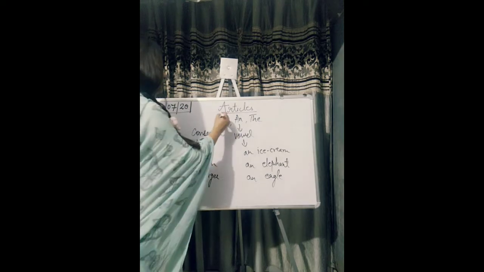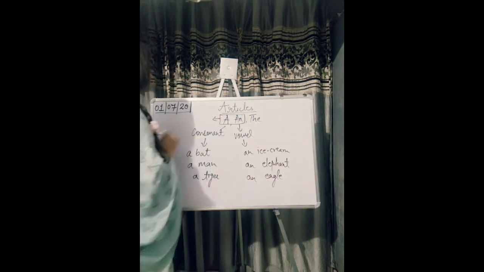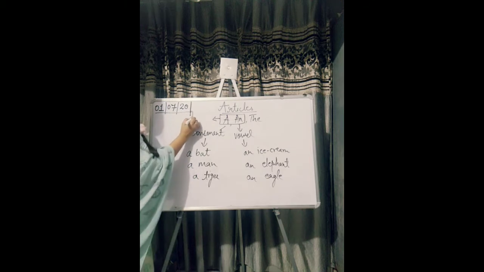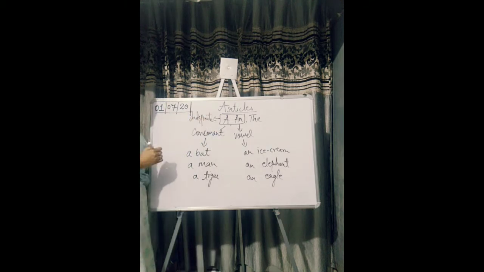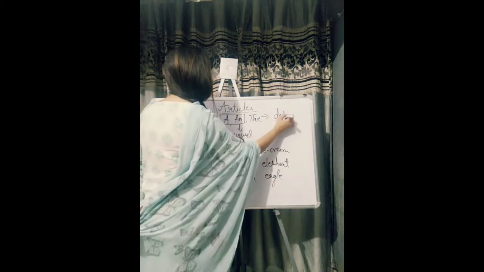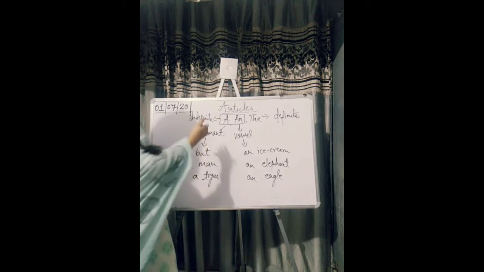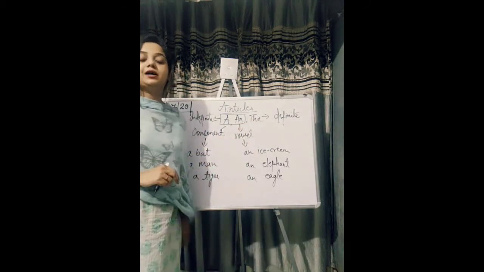Article a and an are called indefinite articles, and article the is called the definite article. Why are these two called indefinite and why is the called definite?